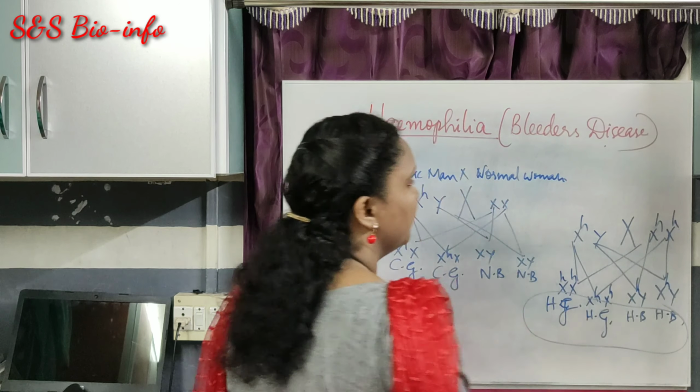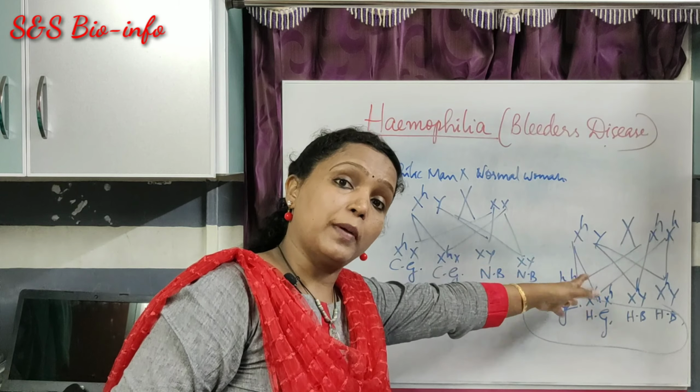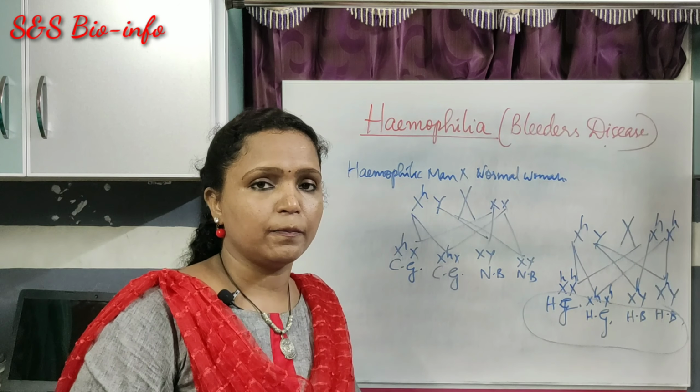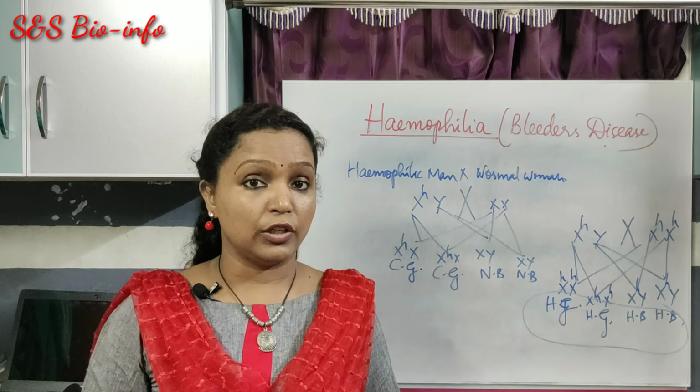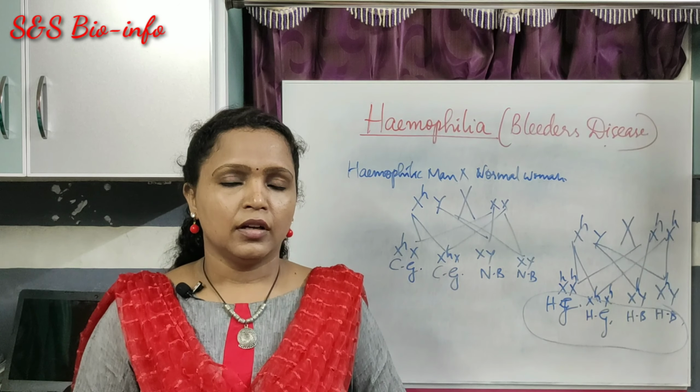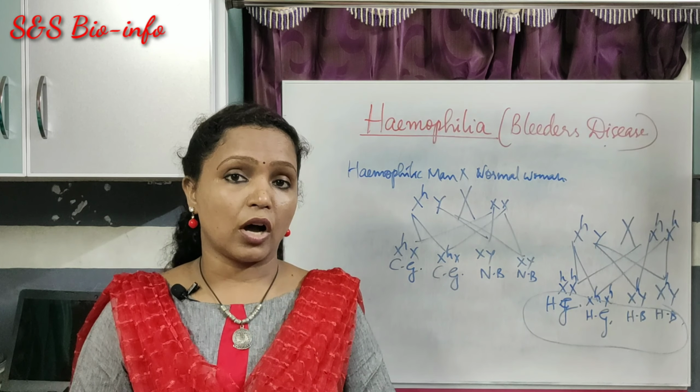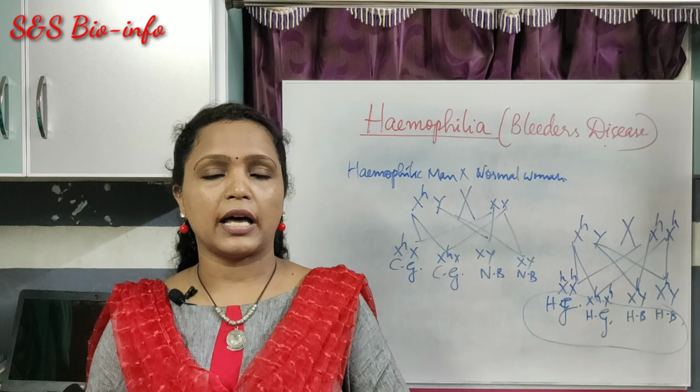All will be hemophilic when both parents are hemophilic. So we could find the possible genotypes of the different crosses. I hope you understood how the disease occurs in different families when different parental genotypes are crossed.